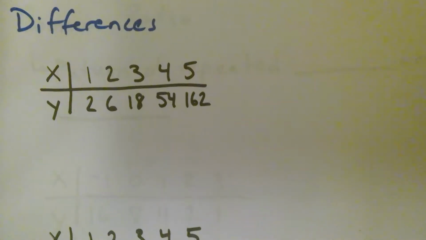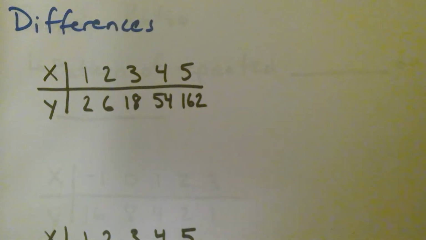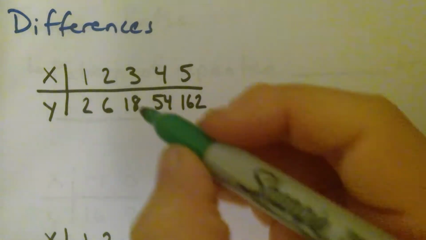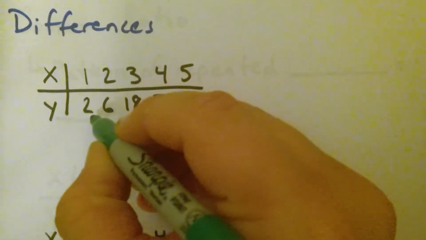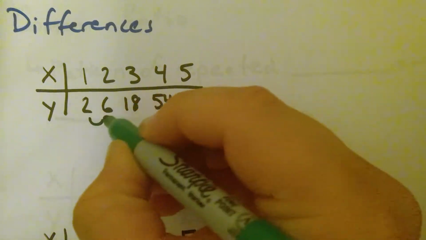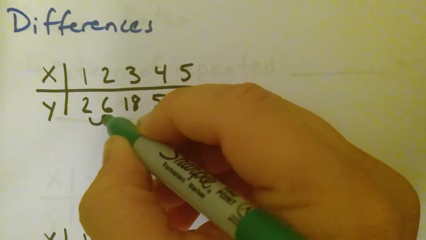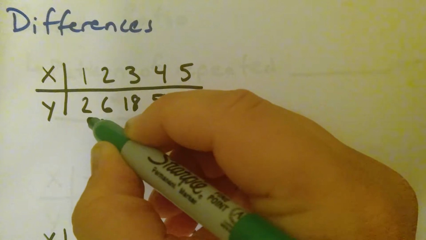Now, we're going to look at something that we call the differences. If we recall, differences are what we see in subtraction. So we're going to do things called first difference and second difference. Once again, we're only going to work with our y values. Take the second number minus the first number.